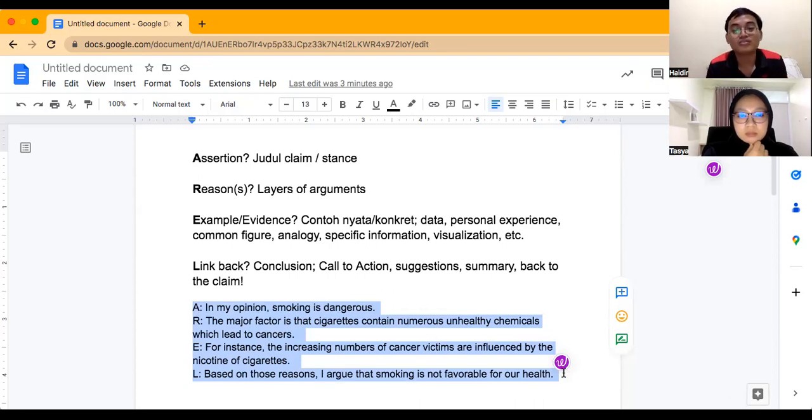That's why, based on those reasons, I assume that smoking is not preferable for our health, right? Due to inappropriate chemicals which are not suitable for our organs or bodies, for example.